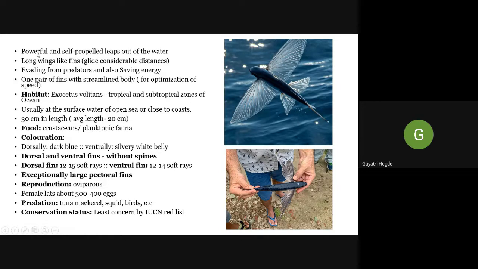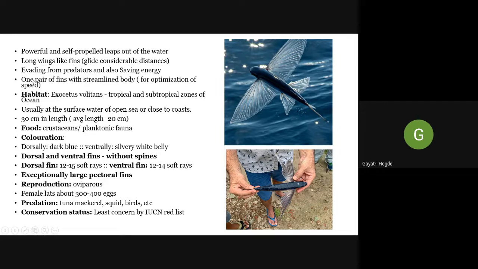It makes very powerful, self-propelled leaps out of the water, and it glides through the air for a considerable distance. This evolutionary point helps the fish evade predators, and it also saves energy. Instead of swimming against water currents, it prefers to fly, save energy and escape from predators.